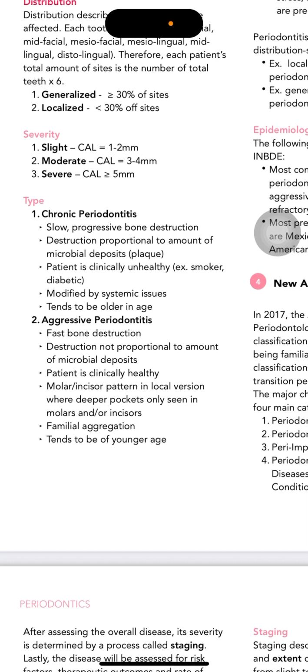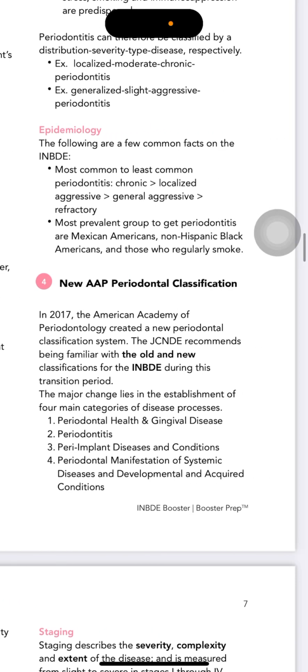Aggressive periodontitis: fast bone destruction not proportional to the amount of microbial deposits. Patient is clinically healthy. Molar-incisor pattern in the localized version, where deeper pockets are only seen in molars and or incisors. Familial aggregation, tends to be of young age.